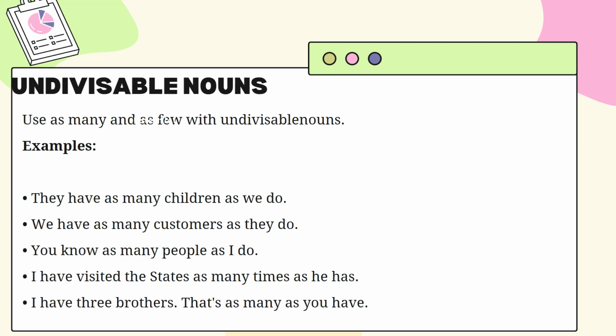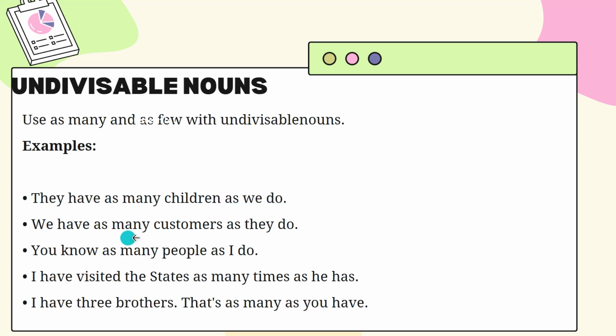So use as many and as few with indivisible nouns. Example about that, we have, for example, they have as many children as we do.